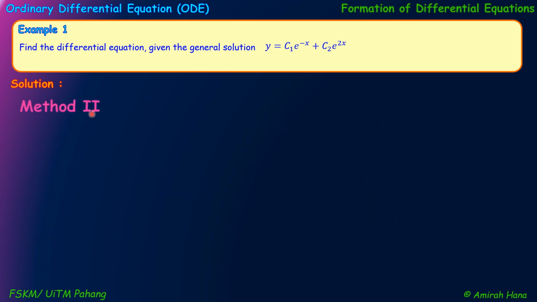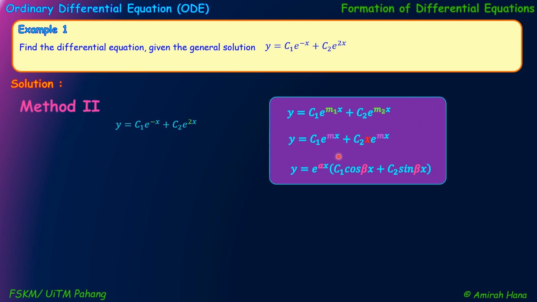Now we continue with method 2 to solve this problem. From the given question, when we compare to the general solution, we have 3 types of general solution. The first type is when we have two distinct real roots, the second type is for repeated roots, and the third type is for complex roots.